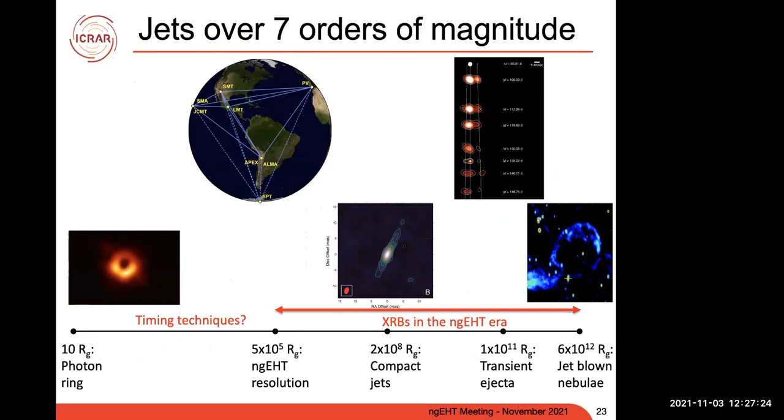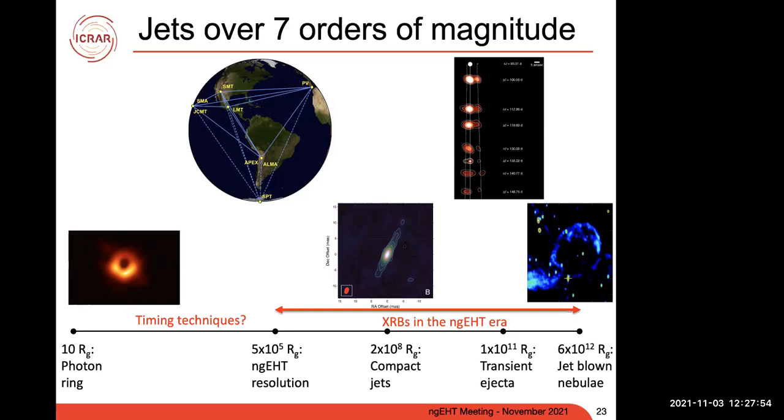While timing techniques alone can probe scales down to the inner regions of the jets and the accretion flow, we can get out to about a few 10^5 Rg with the ngEHT, and that would allow us to track the inner regions of the jets all the way out through the compact jet phase, the transient jets that we see moving out to arcsecond scales, and even the jet-blown bubbles that we see as they impact on the surrounding interstellar medium in a few cases.